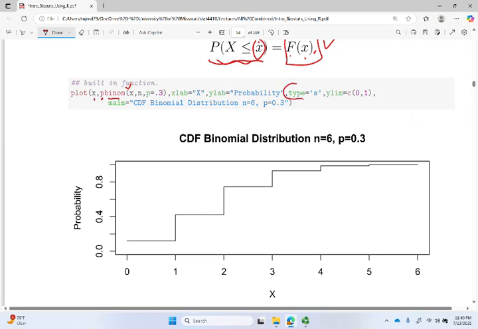And here, it's a new type, it's S, and there's actually a capital S and then a lowercase s, and then it creates step functions of different types, where the difference is where it goes up. Here it went up at the integer value, and so it creates this. This is a cumulative distribution function. So the probability of being less than or equal to 3 is that value, whatever it is. So that's the CDF of a binomial.